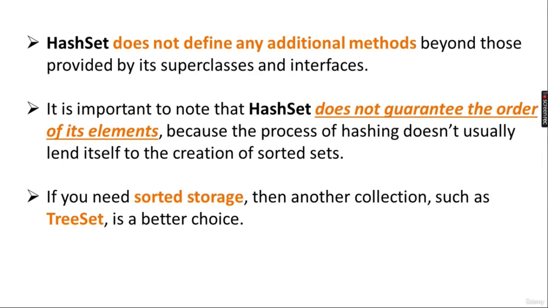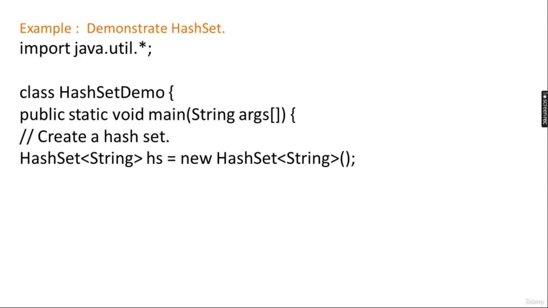So it does not guarantee the order of elements. If you need sorted storage, then another collection such as TreeSet is a better choice. For sorted storage, you use TreeSet rather than HashSet.